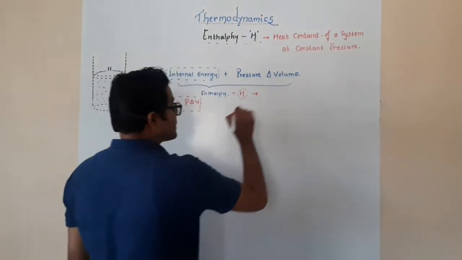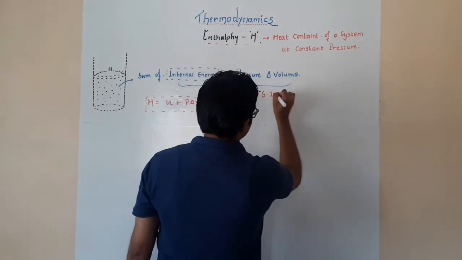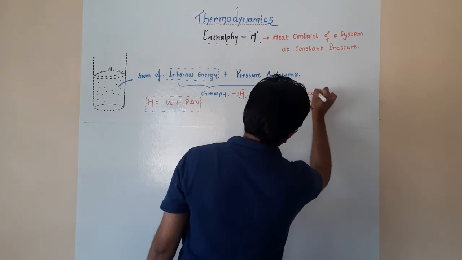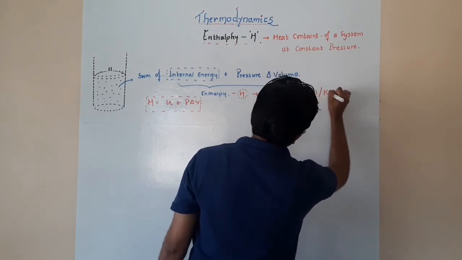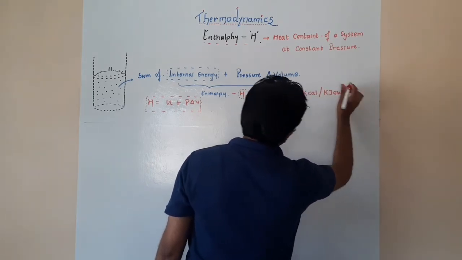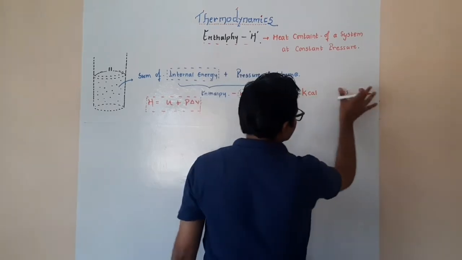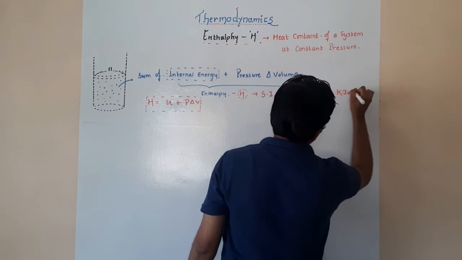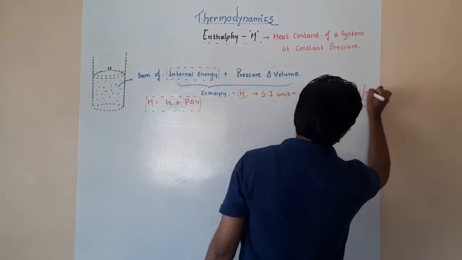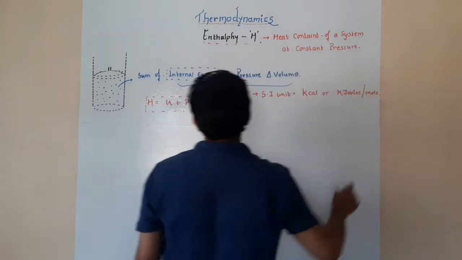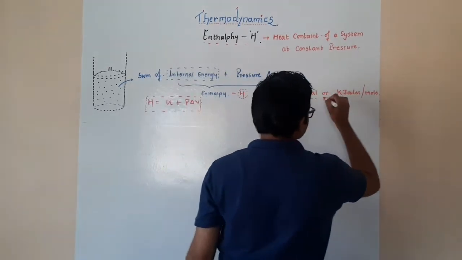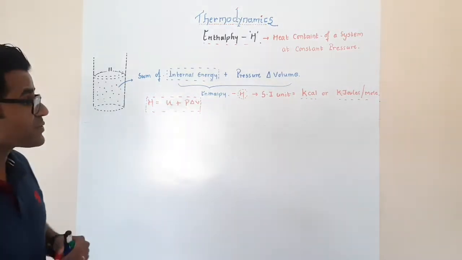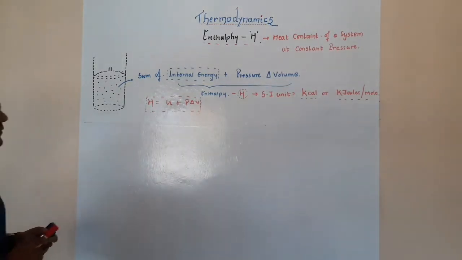The unit for enthalpy is either kilocalories per mole or kilojoules per mole. So that is going to be the unit of it.